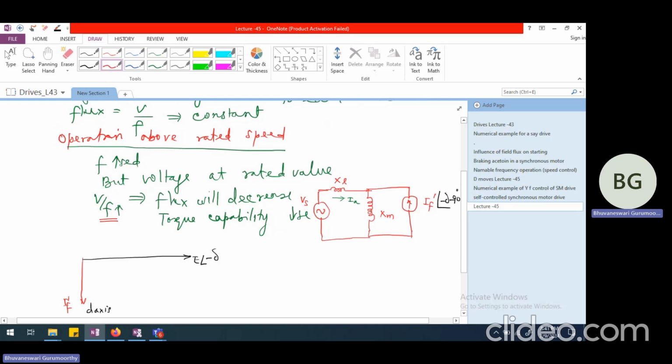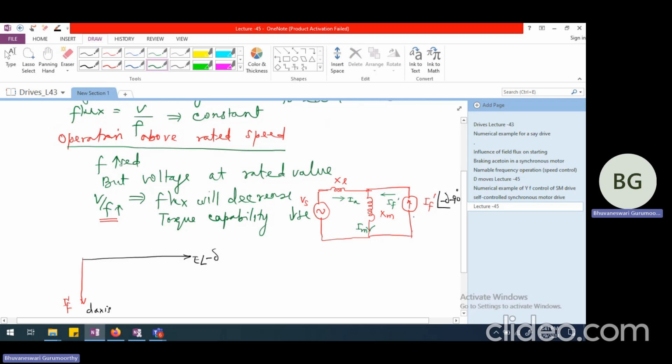IA flows in this direction and IF dash flows in this direction, and both of them together pass through this, which is IM, the total current, IA and IF dash put together.